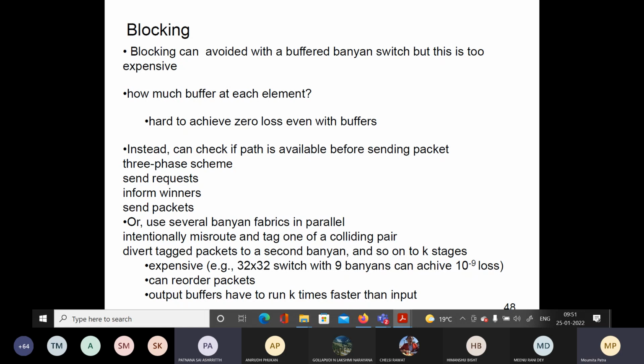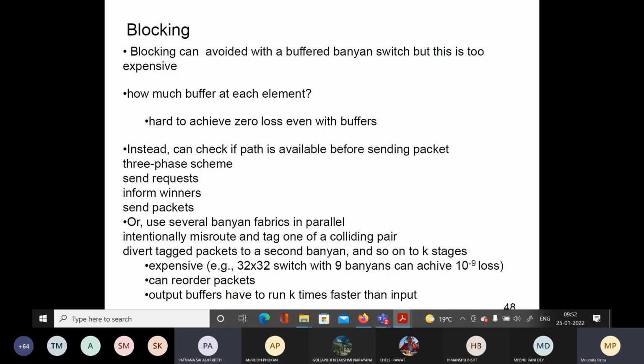Now that you have several switch fabrics in parallel, your output port buffers have to run much faster as compared to the input port, because you are getting a lot of inputs at the same time, and you have a large number of switch fabrics that are staged in parallel. So that is the issue that you have when you are putting Banyan fabrics in parallel.